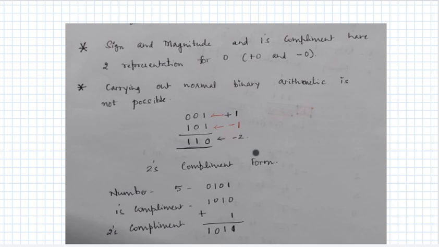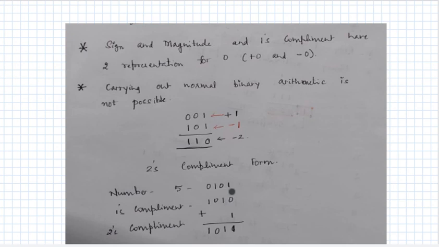So the solution to this is to have one more way of representing a negative number or any number, which has only one format of representing 0. Second thing, whenever I perform any arithmetic operation, I should get an appropriate result. Now how do we represent a number in its 2's complement form? For example, I have plus 5, so this is 0 1 0 1.